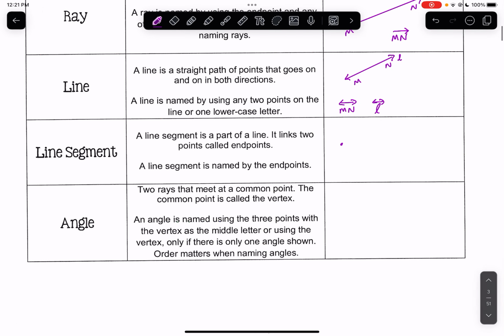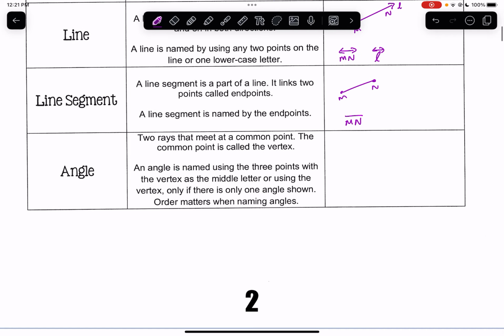A line segment is a line that stops at both sides. So when I write it, you're going to use the endpoints, and there's no arrows on the line above it. An angle. So we talked a lot about angles in our triangle congruence unit. The angle is the space in between two rays.